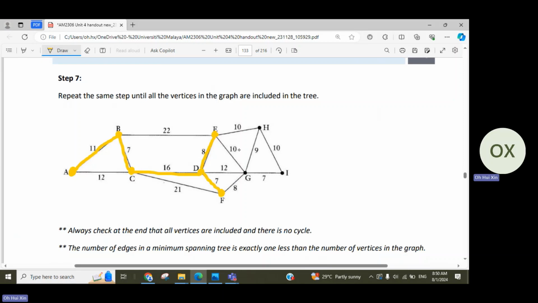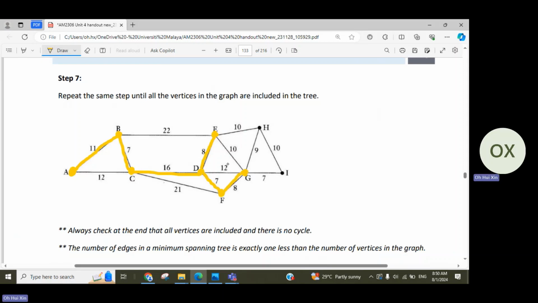So either we can go to H via 10 here, go to G via 10 here, go to G via 12, or go to G via 8. So for this case, you know that the shortest one is the 8 to G. Then the same thing, we are left with H and I, right?